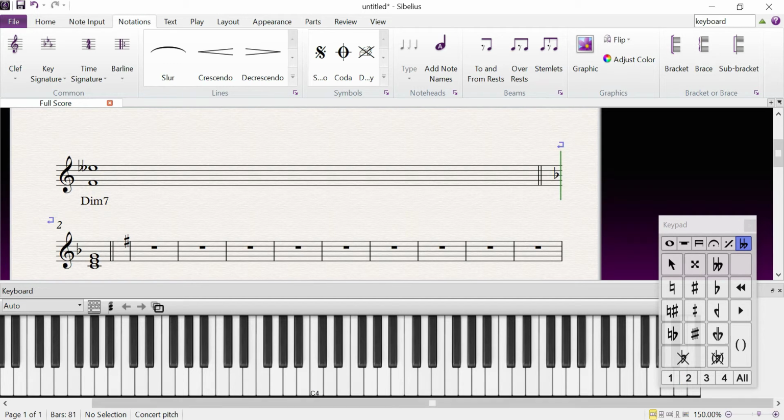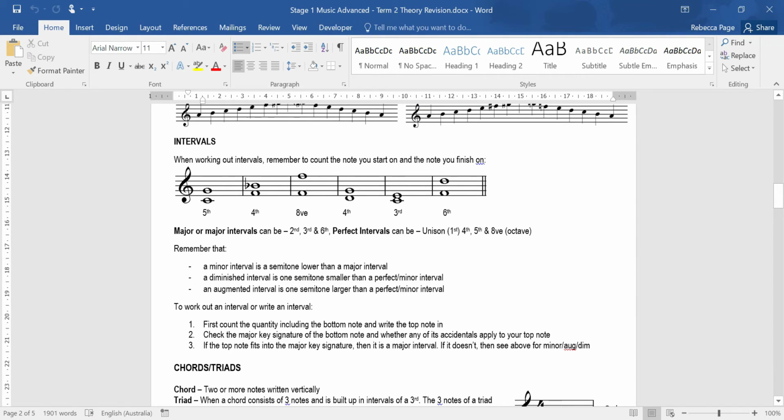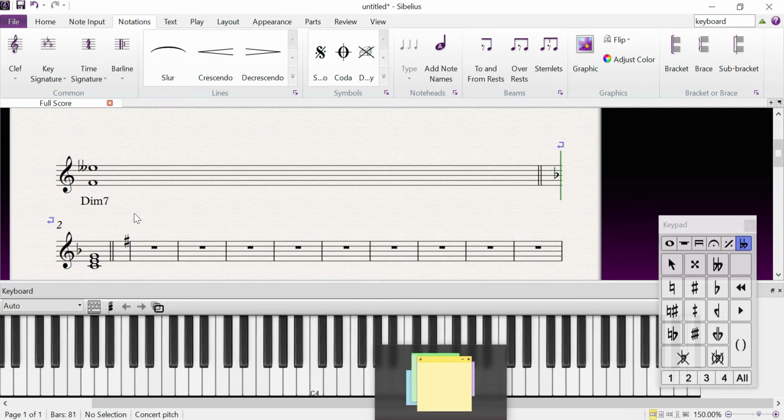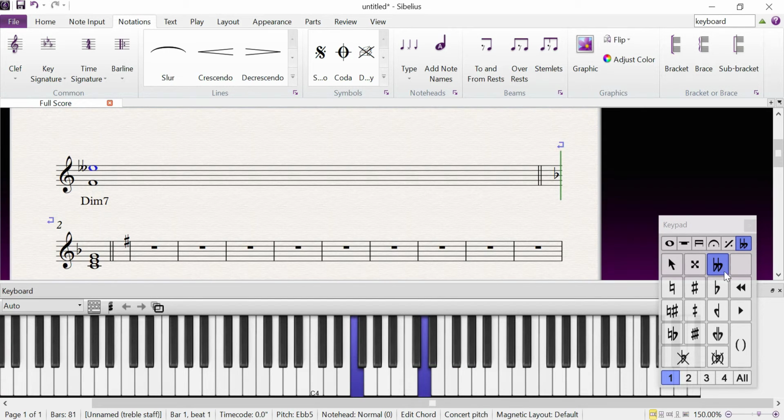And then let's have a look at what an augmented interval is. It's one semitone larger than a major interval. So we had our major interval here before of just your regular E. So it would need to be a semitone larger than an E, so we could have an E sharp in theory.